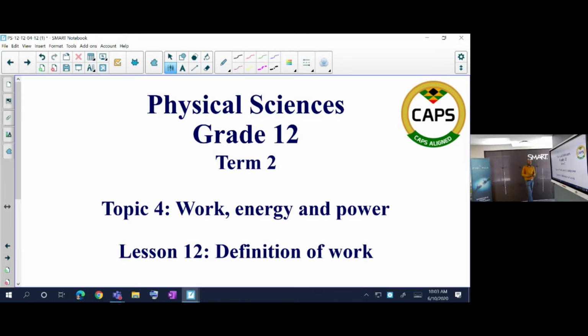We know work, and you have different definitions, but now we have to look at the scientific definitions. When it comes to physical science, work relates to energy. I know that from previous grades we have different definitions, but now we have to look at the scientific one. And power is very much important, especially to us, because without power you're not going to see us. Without power, you can't eat.